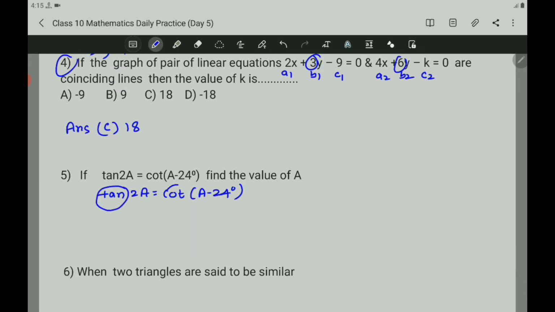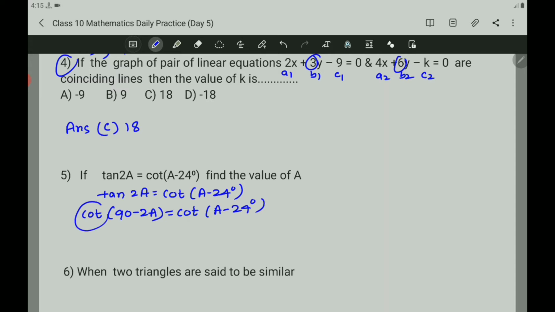Convert this tan into cot. In the RHS, cot a minus 24 is there, and convert this tan into cot, then it becomes cot 90 minus 2a equals cot a minus 24 degree.